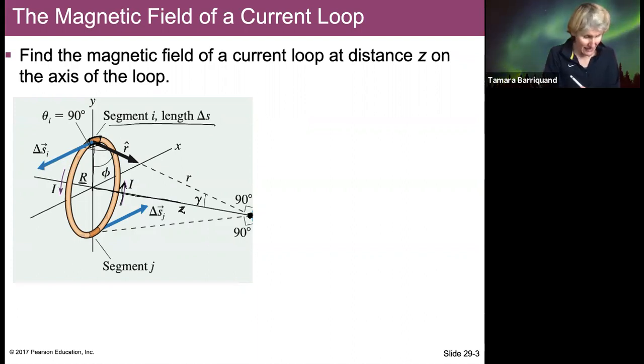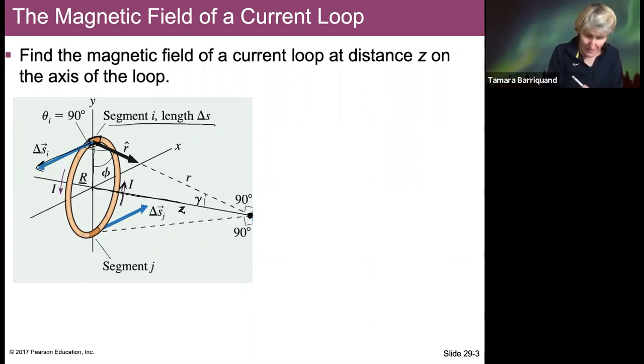And the current at this point in our loop is going directly along the x-axis. So delta S sub I will be the displacement vector for our current that is pointing directly along the x-axis.